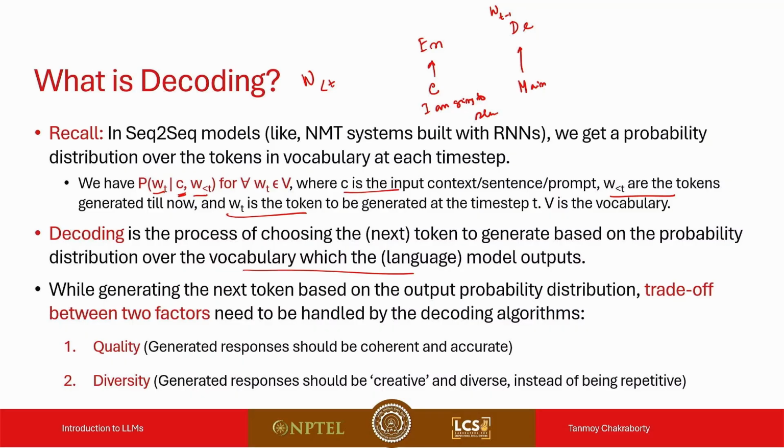This would be deterministic, and the quality may be good. For example, in question answering, for every question you always want the same answer to be generated by the model. The quality would be good, but the problem would be diversity.